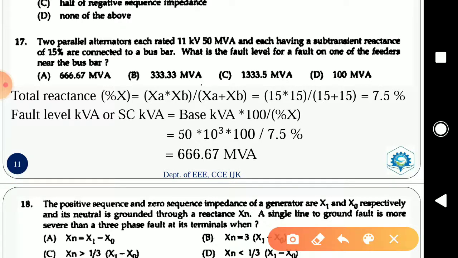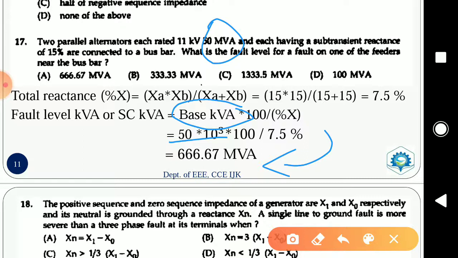So, the total parallel impedance will be XA into XB divided by XA plus XB. And since both of the alternators have the same subtransient reactance of 15%, you can substitute the values and you will get 7.5%. And you need to substitute the base KVA value. So, instead of 50 MVA, you will be substituting 50 into 10 raised to 3 into 100 divided by 7.5%, and this value is converted to MVA.